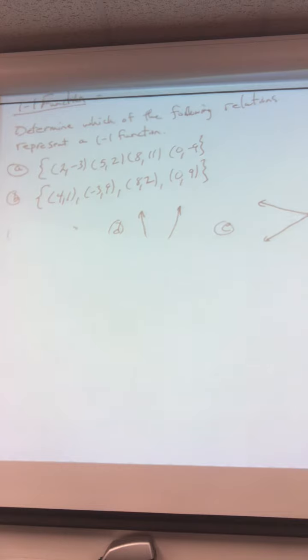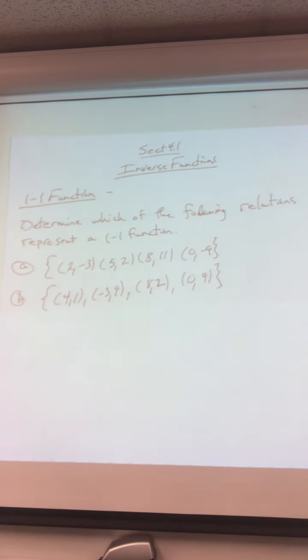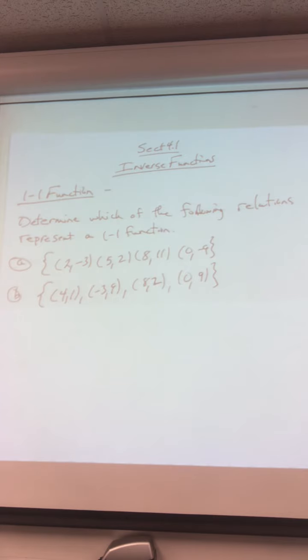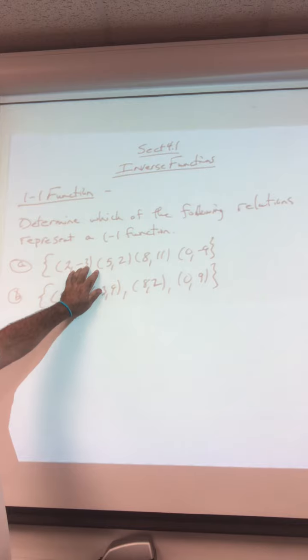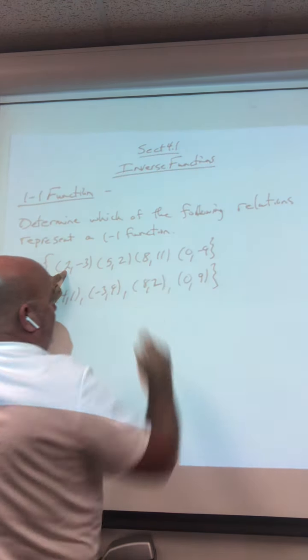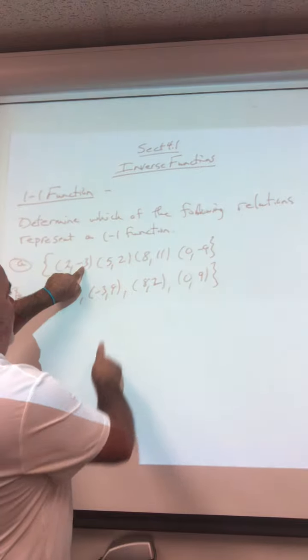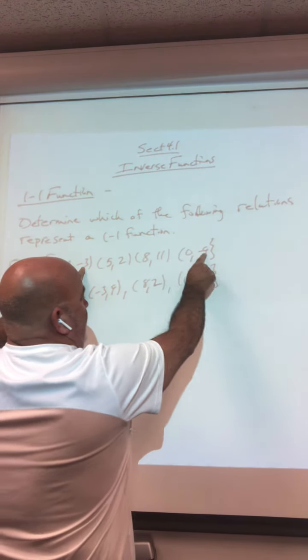Now the question is, are these one-to-one functions? Well, let's look at ordered pairs first. Let's look at example A. First, is it a function? Do the x's repeat? 2, 5, 8, and 0. So this is a function because the x's don't repeat. Now, do the y's repeat? -3, 2, 11, -9.